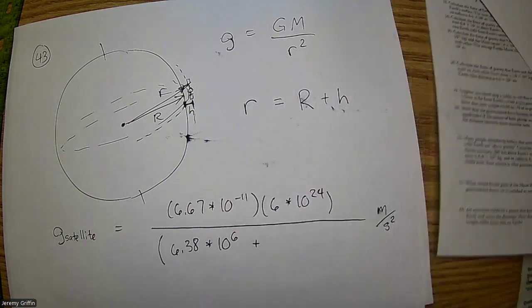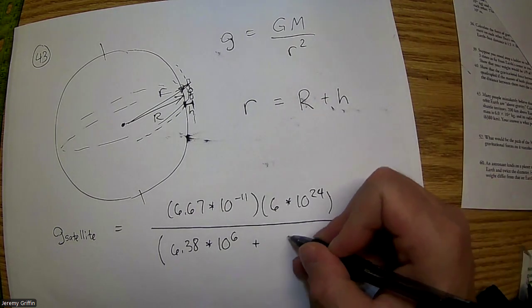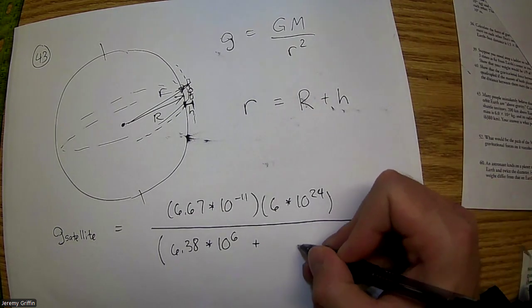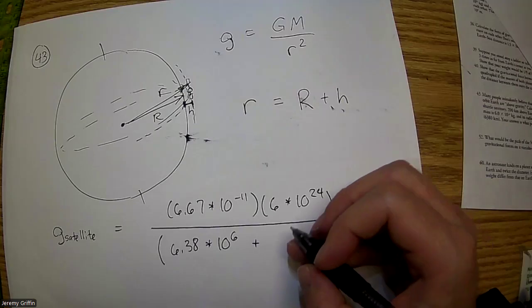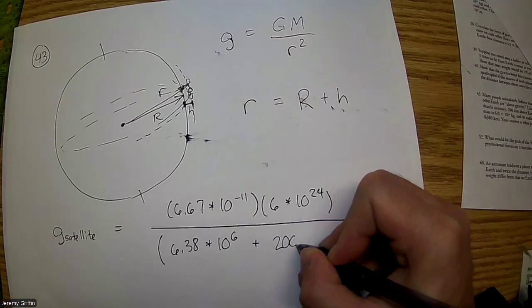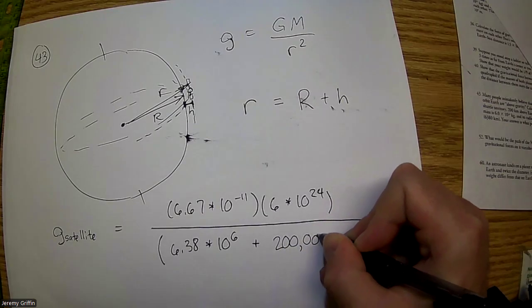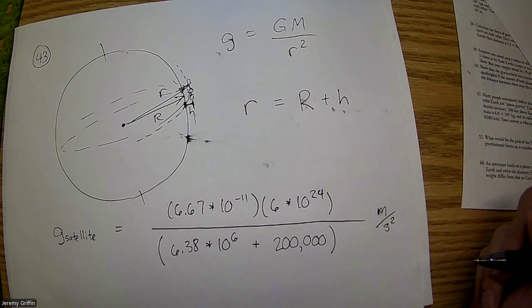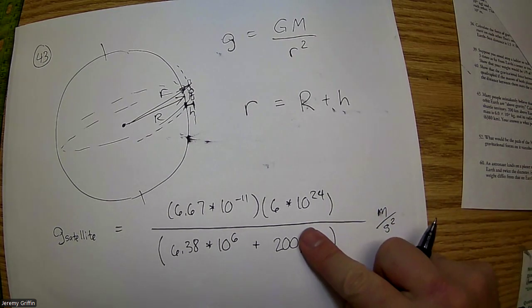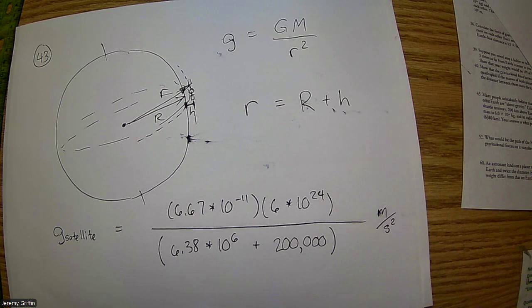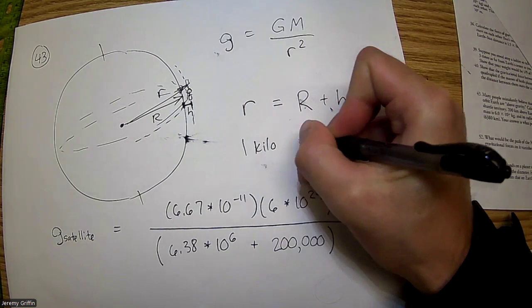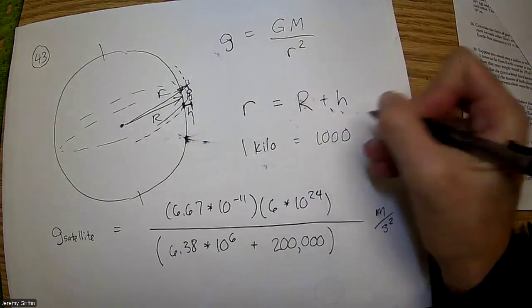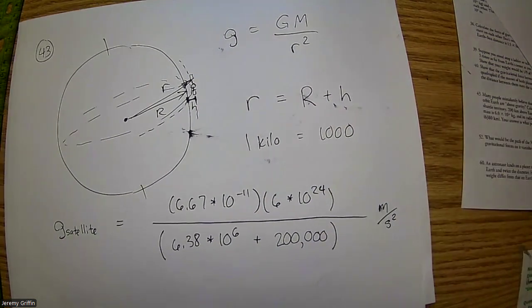So what number should I write right here? 200 kilometers. How many meters is that? 200,000 meters. Is 1 kilo 1,000 of something? Right, that's a times up.